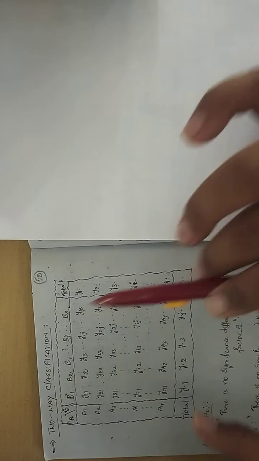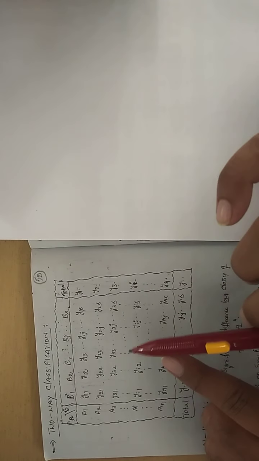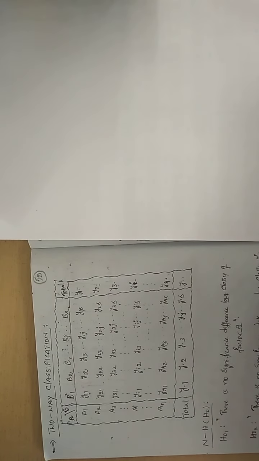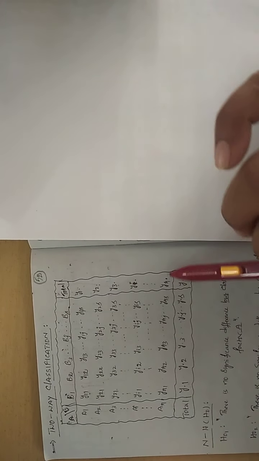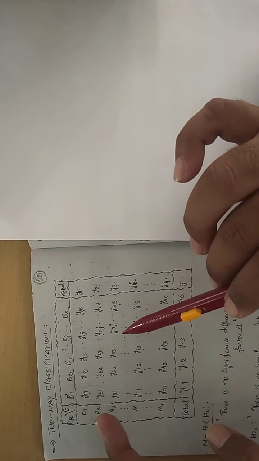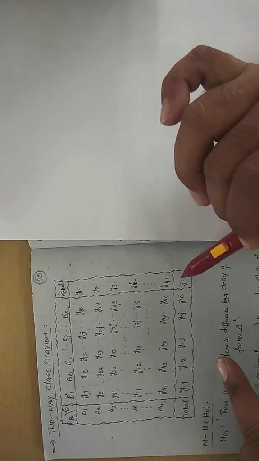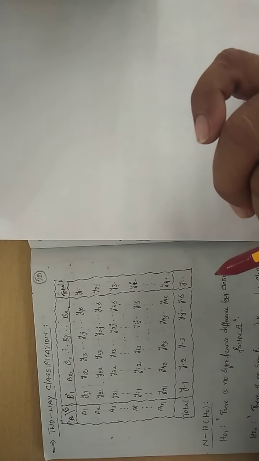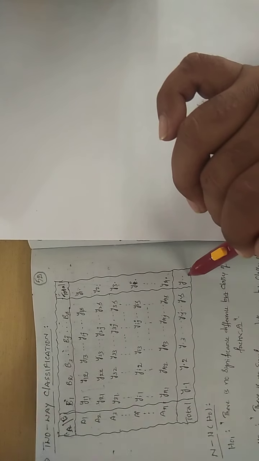That means the entire information I am converting into notations, because in the formulae we write these notations only. So Y R dot means row totals, Y dot S means column totals. Now if you take the entire total of this row and this column, that is going to be equal to Y double dot.